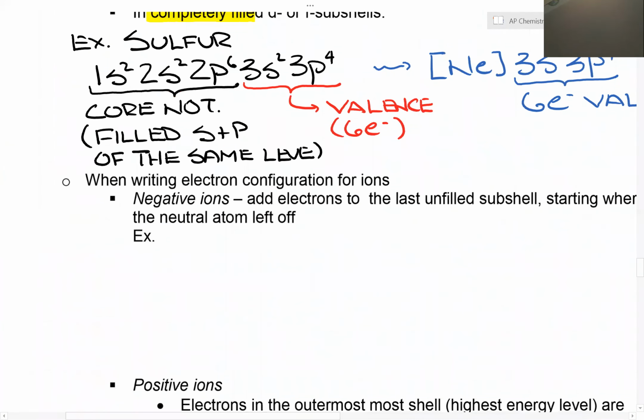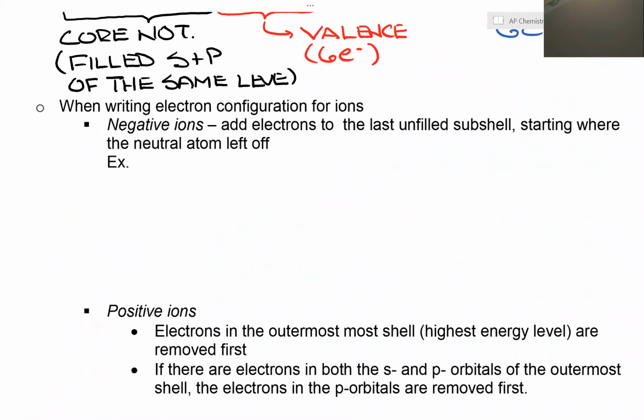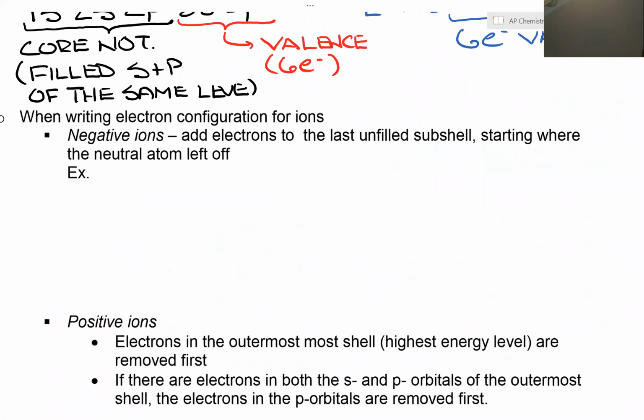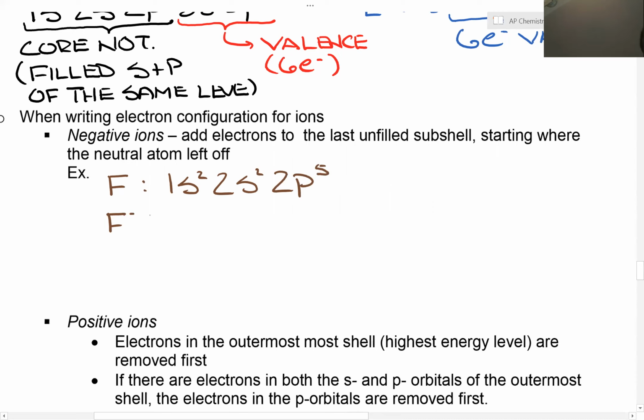Now, when writing electron configuration for ions, negative ions are easy. Add electrons to the last unfilled subshell, starting where the neutral atom left off. So let's say we had fluorine. Fluorine is 1s2, 2s2, 2p5. Fluorine minus 1 would be 1s2, 2s2, 2p6.